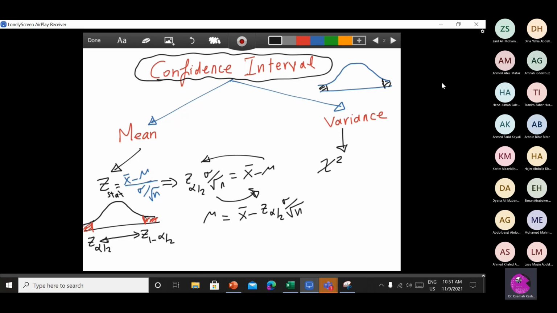So X bar is the sample mean. Before I start, X bar is the notation for the sample mean. Okay, sigma squared is the population variance. Small n is the sample size.